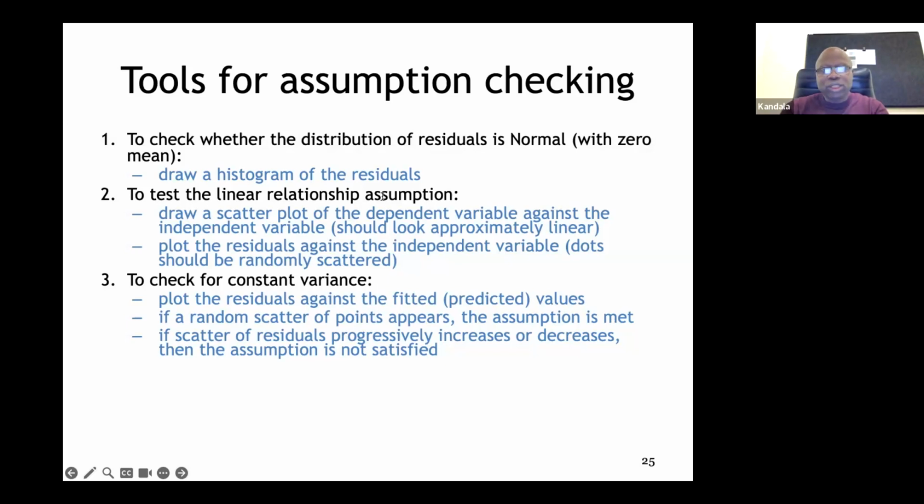The second question is to do with the fact that if we have a qualitative independent variable, can we still talk about linear regression when the dependent variable is quantitative?